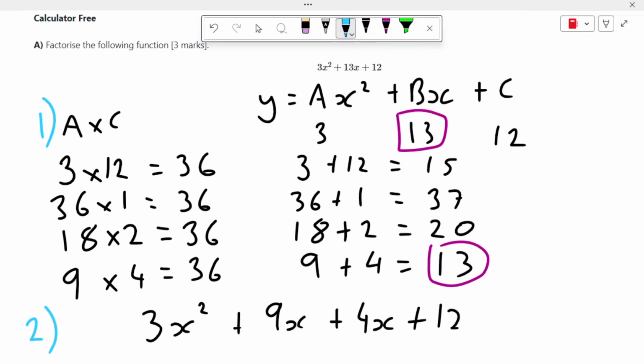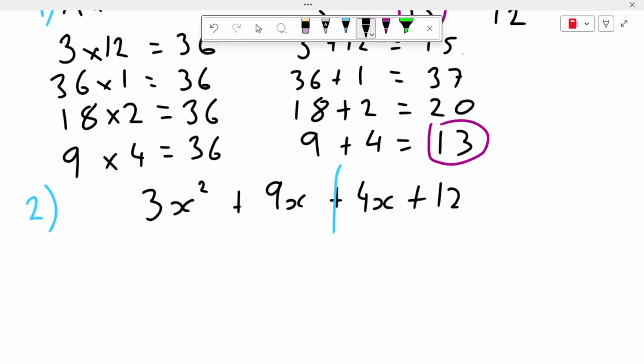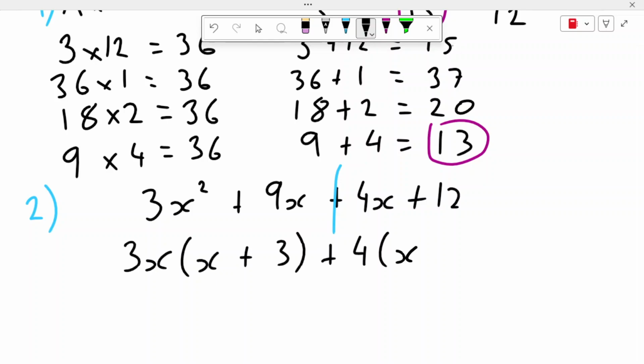I want you to draw a line down the middle. And you can take the factors of these now. So I'm assuming you know how to factorize, just regular stuff. So you get that, and we're going to factorize this side, and we're going to get, funnily enough, that.